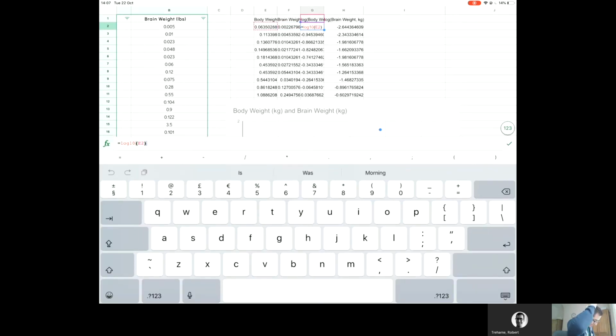Down the bottom here, I've done equals log 10, open bracket, and I put in the cell reference that I need. In this case, it's the body weight, so I'm going to do E2, and then I'm going to copy that down, just pull it down, and it should do it for the whole column. I'm then going to do it for the brain weight as well. So this time I've done F2, and I've copied that down.